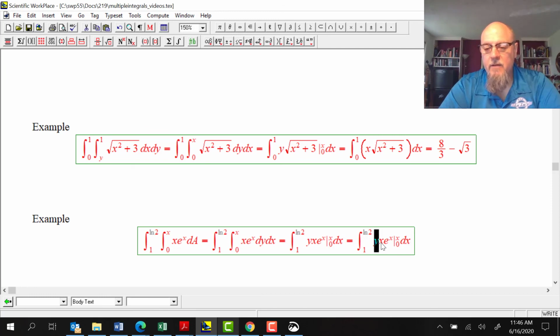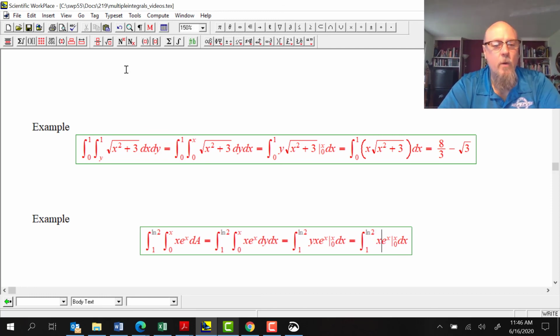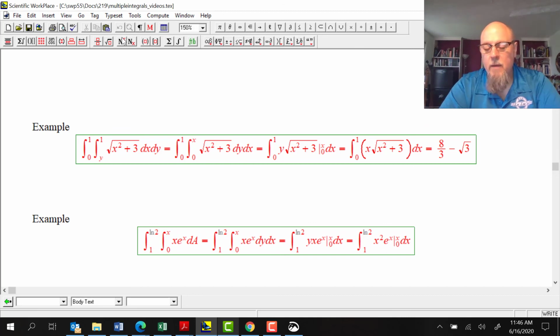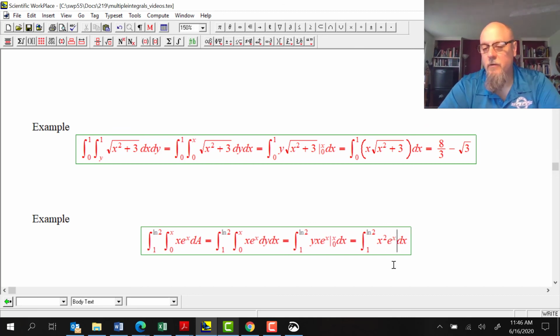So when I sub in x, that's going to be x squared. And when I sub in 0, it's just going to be 0. So it's a matter of do this integration. And that's regular single variable calculus integration.